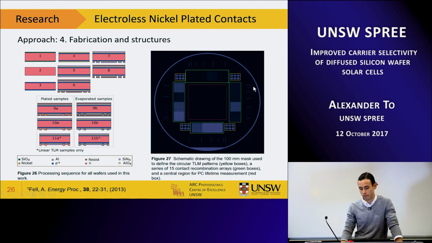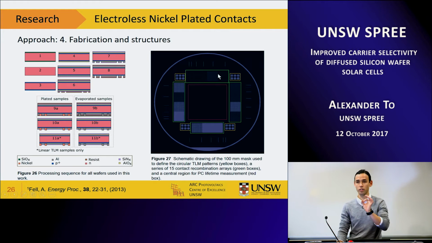So it was a 4-inch wafer. The red is the QSSPC calibration area. So that's, like I said, that unmetallized region that we can measure to characterize the J0 in that area. These are the circular TLM patterns. You can see the linear TLM patterns on the edge here. And these green boxes demarcate arrays of metal dots, which we've patterned.